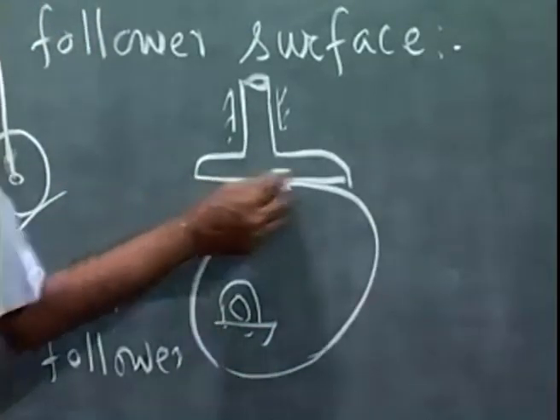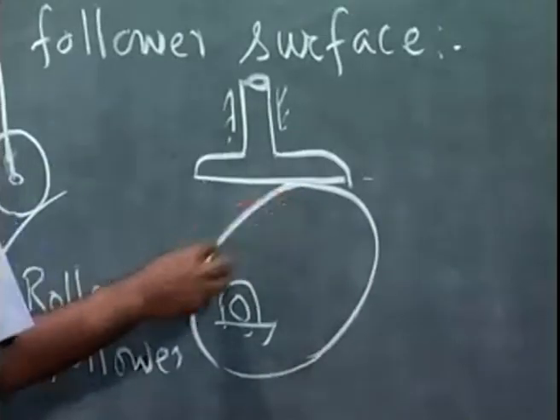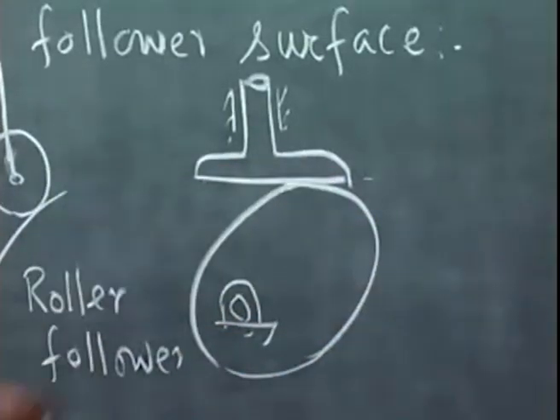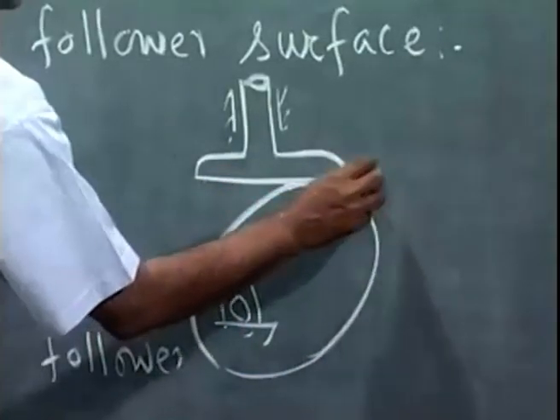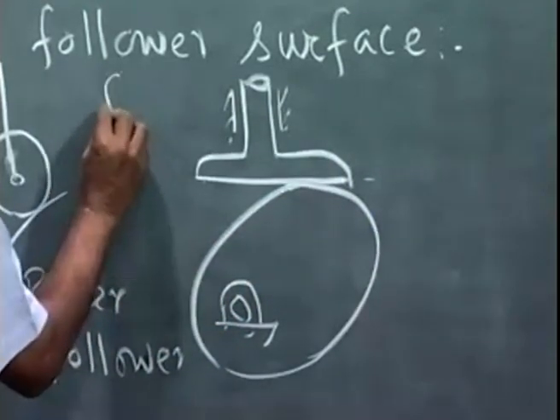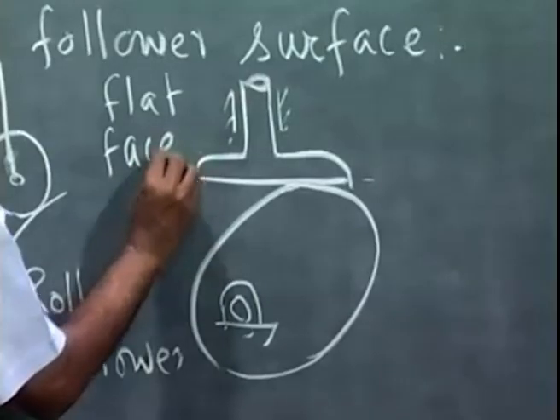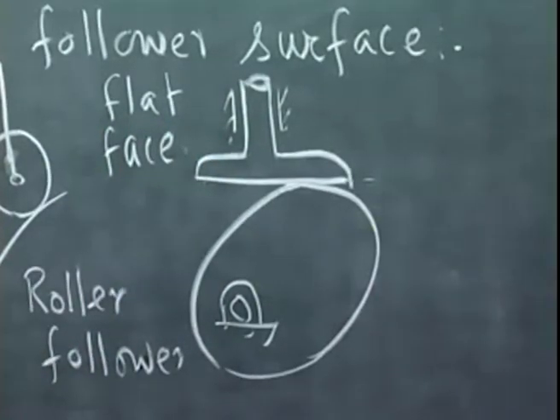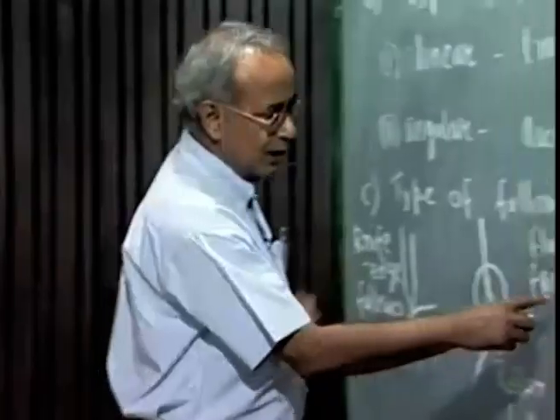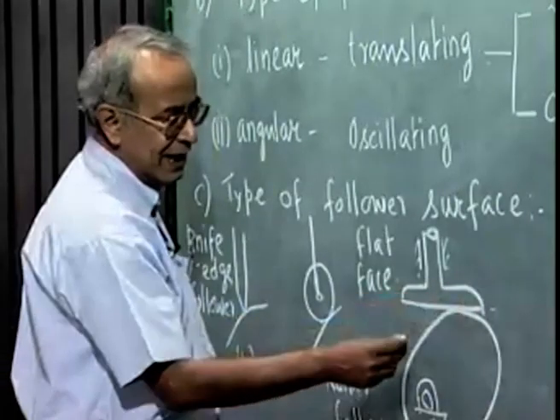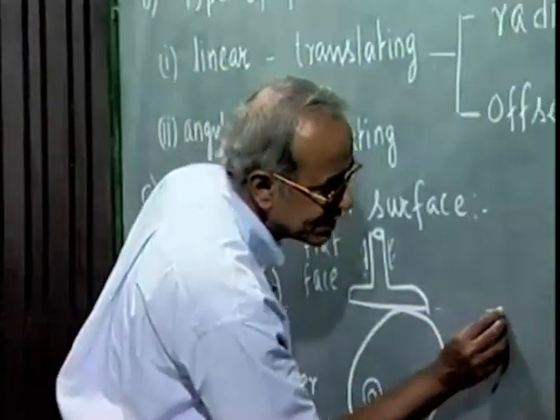As you see, the follower surface which is in contact with the cam is in the form of a flat surface. This is called a flat face follower. The follower surface, instead of flat, can also be a curved surface.